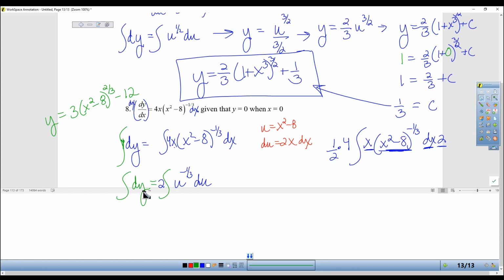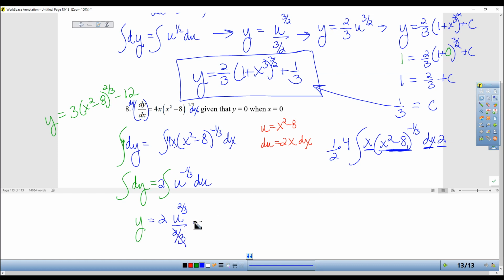All right, the integral of dy is just y. And the integral of this side, the 2 is constant. I'm taking the integral, so I take the integral sign away. I'm adding 1, which gives me 2/3. I'm dividing by 2/3. And the du goes away because I've done the integral. That was just there to tell me what was the variable I was doing stuff to.